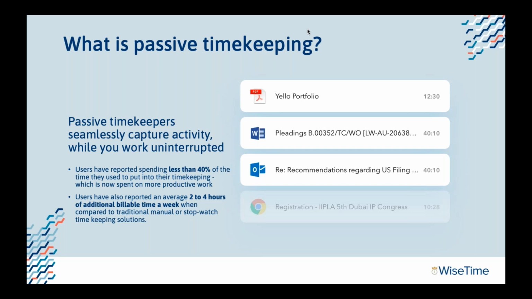Also, users have reported an average of 2 to 4 hours of additional billable time per week when compared to traditional timekeeping solutions. Now, these numbers are very conservative, but it means that with a few minutes of additional time per week, the system basically has already paid for its own price.